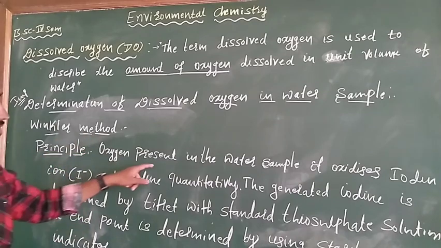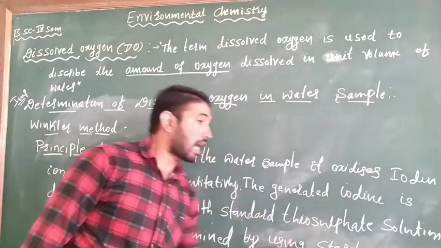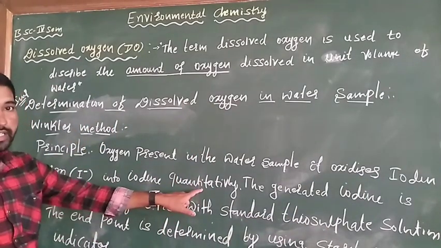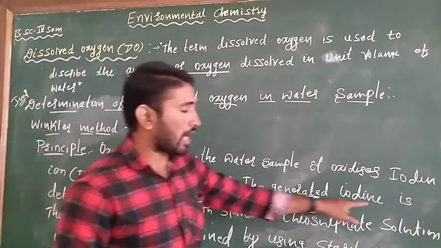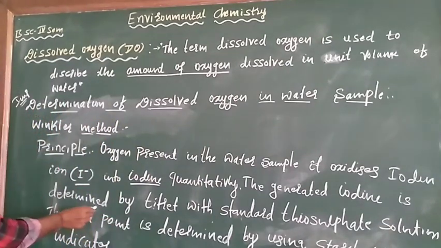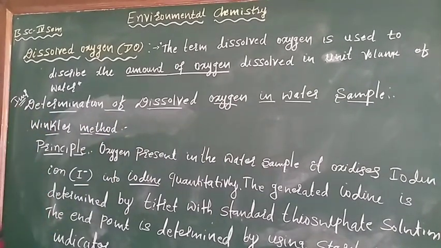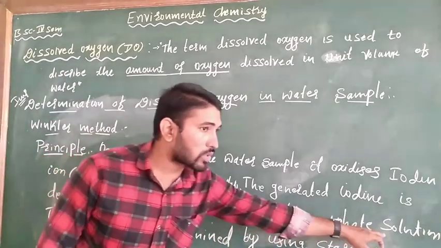That is, oxygen present in the water sample oxidizes first iodine ion into iodine quantitatively, and here the generated iodine is determined by titration with standard thiosulfate solution.